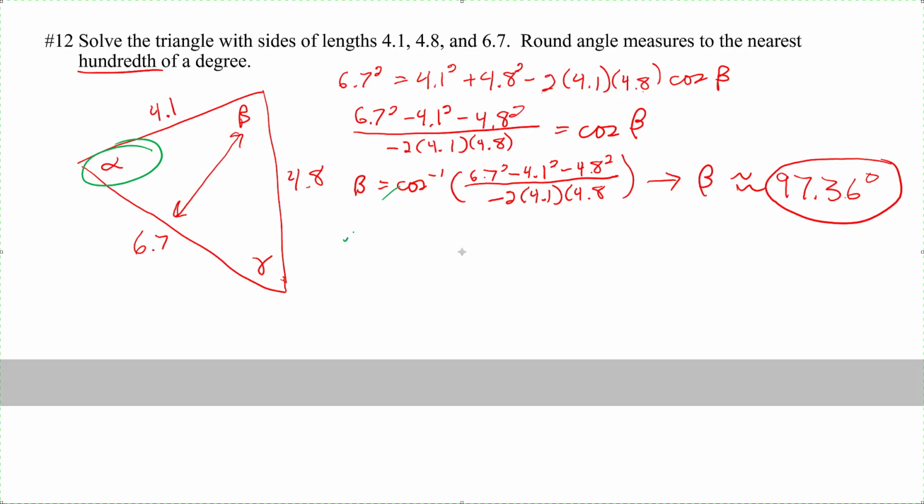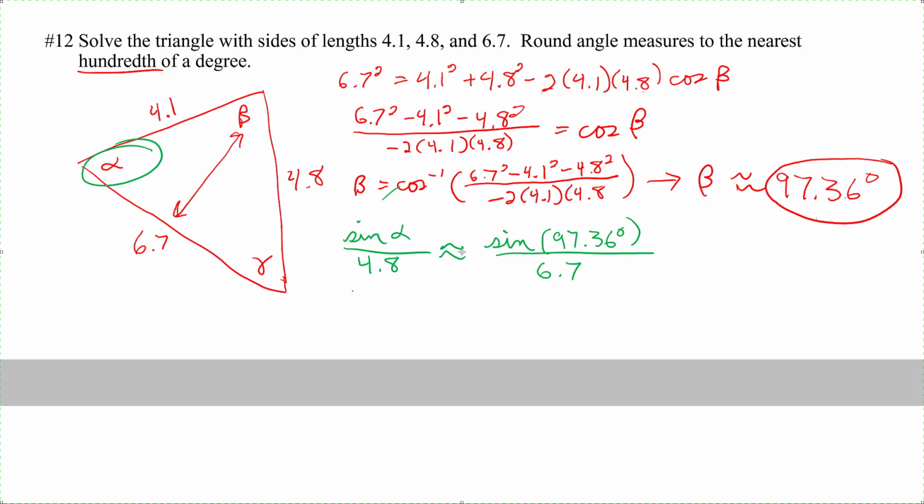So let's look at the sine alpha. Alpha is opposite 4.8, and we're doing approximate values now, right? Because we're going to use this rounded value for beta. And so sine alpha over 4.8 is approximately equal to sine of 97.36 degrees over 6.7.